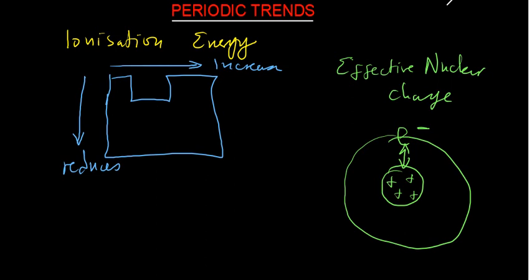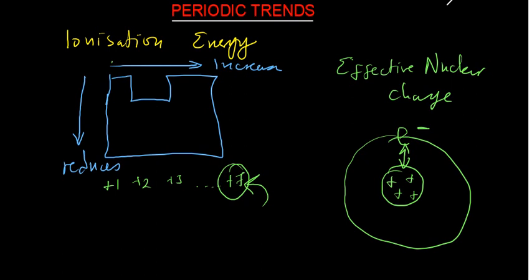Elements in group 1 have an effective nuclear charge of +1. Group 2, it is +2. Group 3 is +3. So this is just telling us the number of electrons in the outermost shell. And then group 7, they've got +7 effective nuclear charge. So this is the net positive charge experienced by valence electrons.